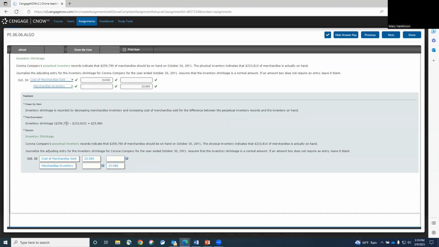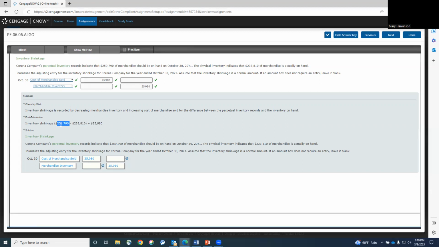Again, you're going to do the math, and it's basically taking what your ledger says less what you physically have. So we have a total of $25,980 of inventory shrinkage. What we're going to do with it is expense it out to our cost of merchandise sold account. Then we have to reduce our merchandise inventory so that our book total now matches what we physically have.